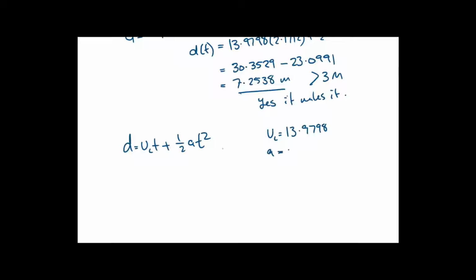Acceleration is gravity, so it's going to be negative 9.8 as given in the form sheets. And the distance that we want is 0. So in other words, when does it go up and when does it come down to a distance of 0? So for that, we're going to put this into an equation. So 0 equals 13.9798 minus times 9.8, brackets t squared. There's a t here. And we want to solve that for t.